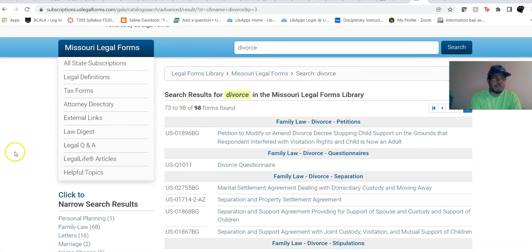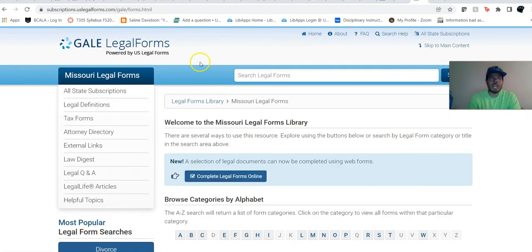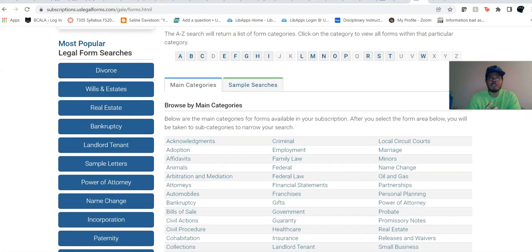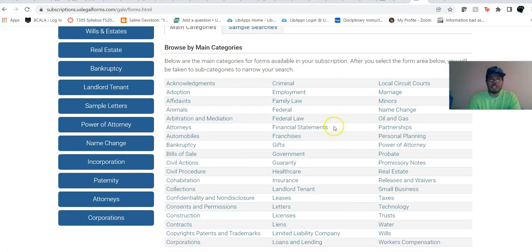So anyway, I am about to go over time, but just to say in closing, this is a very helpful database for trying to find legal forms, contracts, and things like that for people who do not have the resources or the desire to retain a lawyer. You've got lots and lots of things here.